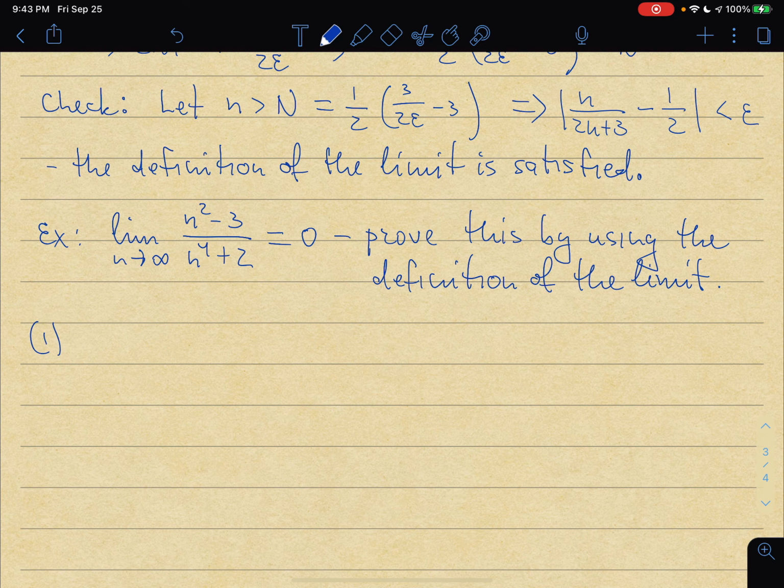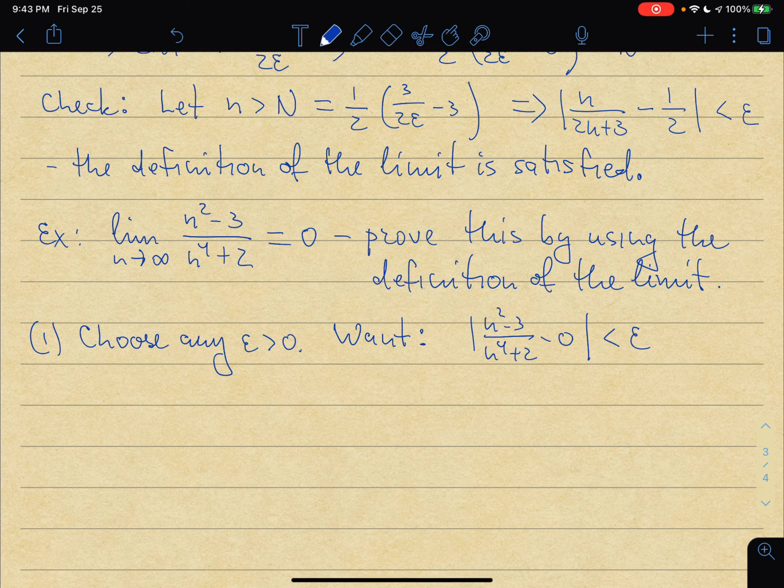Number 1, choose any epsilon greater than 0. And what we want is the absolute value of n squared minus 3 over n to the fourth plus 2, minus 0. We want that to be less than epsilon.